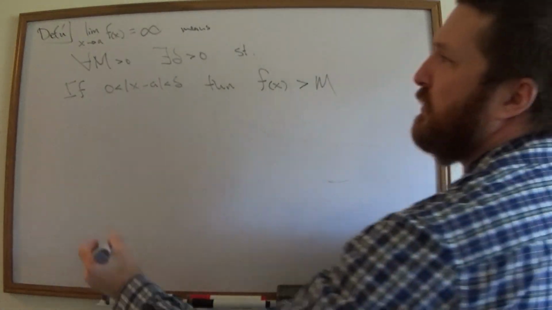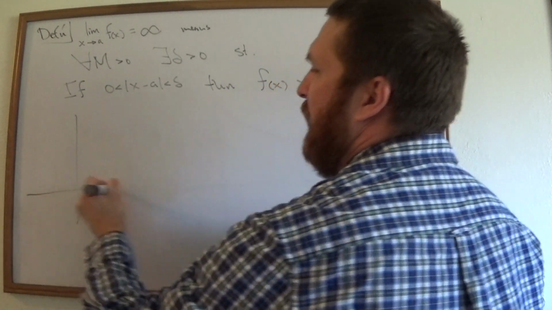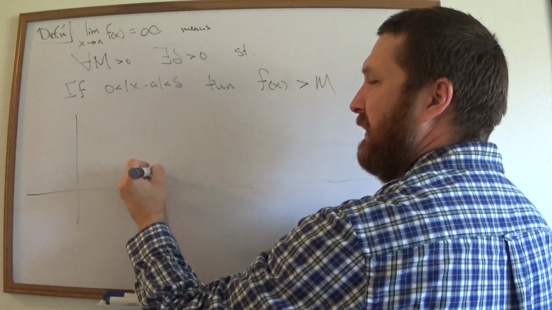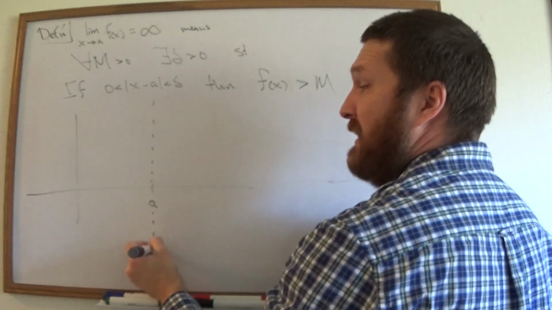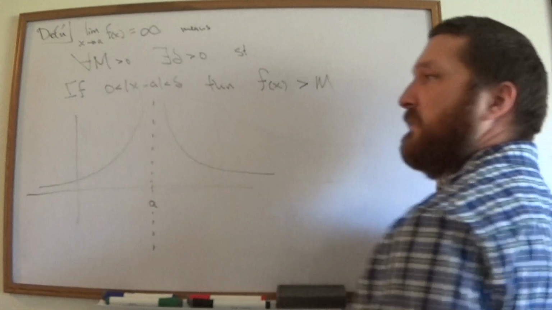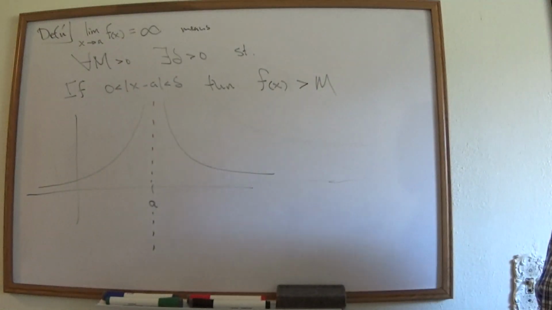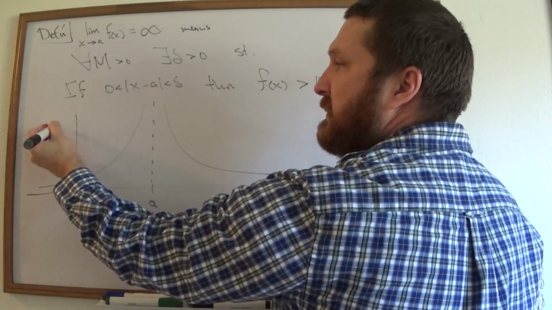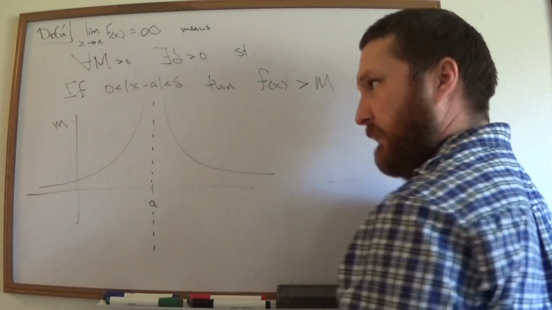So think about a function whose limit at a is infinity. Well, a is going to be an asymptote by definition, as we already talked about. And so it does something like this, and it goes the same way from both sides. What does that mean? Well, you give me any m bigger than 0. Let's say m is a billion trillion.